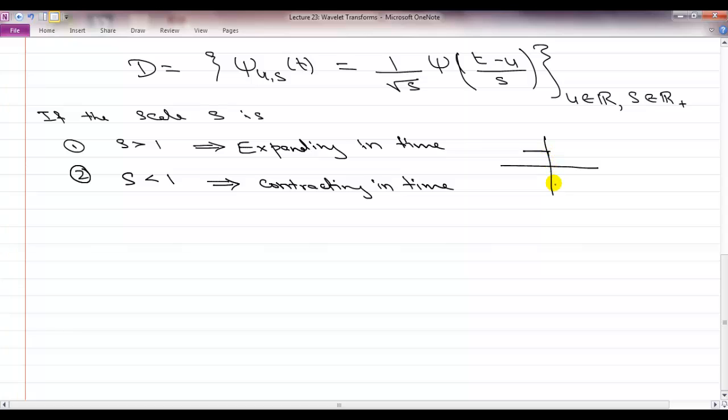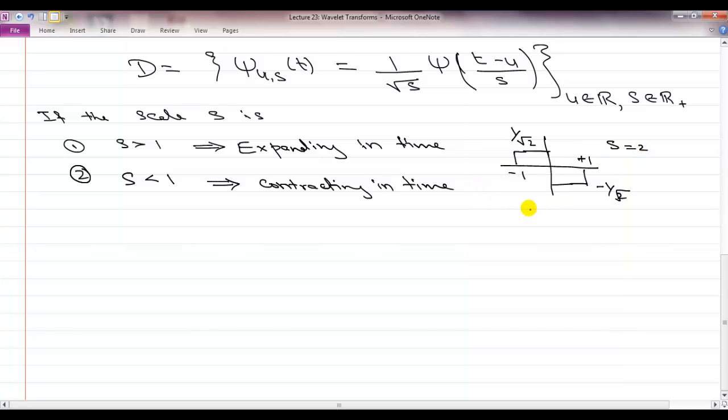So it will be expanded, and because we still want it to have unit energy, the height will be 1 over square root of 2 and minus 1 over square root of 2. Okay. So this is for the case of s equal to 2, the Haar wavelet, and u equal to 0.